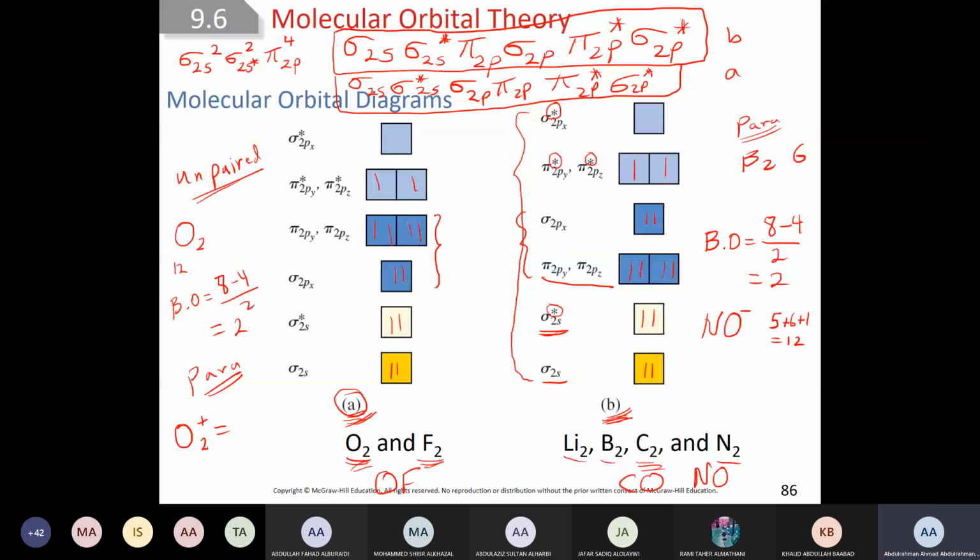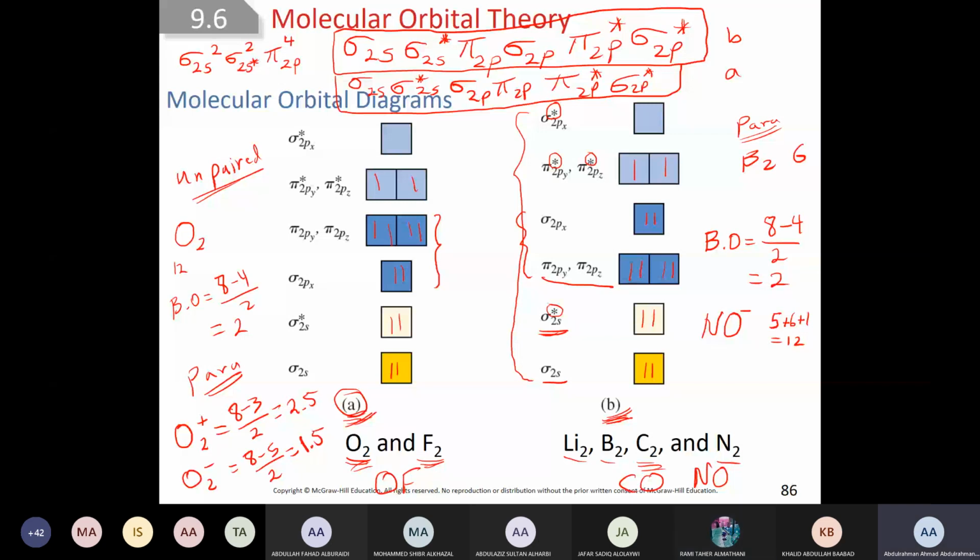What will be the bond order? 8 minus 3, which is 5 over 2. How about O2 minus? 8 minus 5, divided by 2.